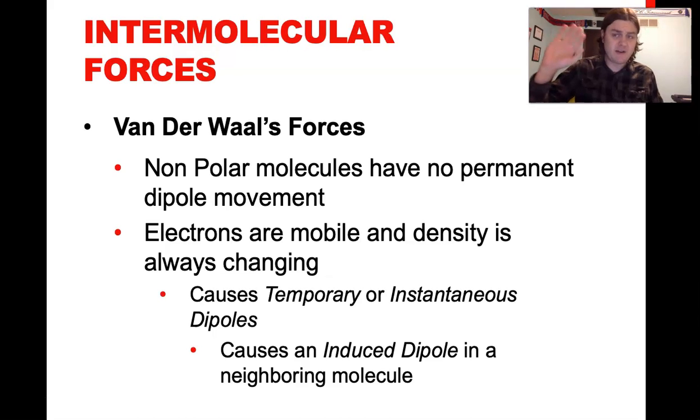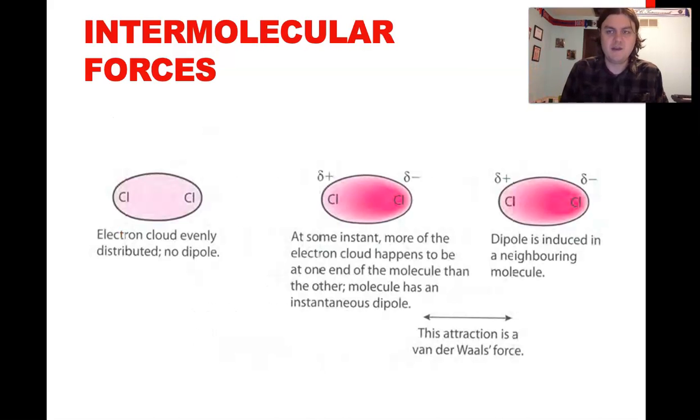Since it's more negative, when it's next to a different molecule, it will push those other electrons in that other molecule away. That causes it to have an imbalance or a temporary dipole. But the positive end of that second molecule is going to be close to the negative end of the original molecule, and there's an attraction there.